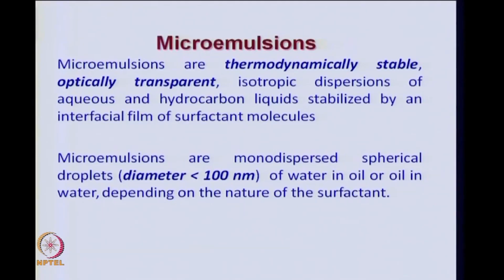Microemulsions are thermodynamically stable, optically transparent, isotropic dispersions of aqueous and hydrocarbon liquids. Hydrocarbon means non-aqueous medium, and this dispersion of aqueous and hydrocarbon liquid is stabilized by an interfacial film of surfactant molecules.